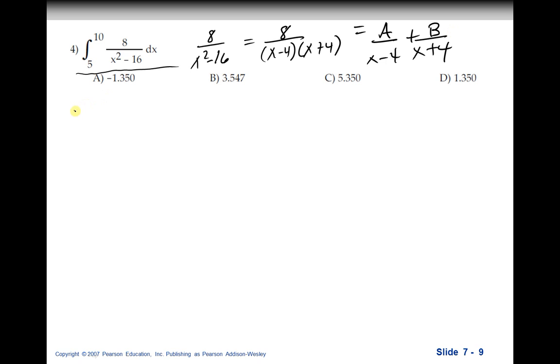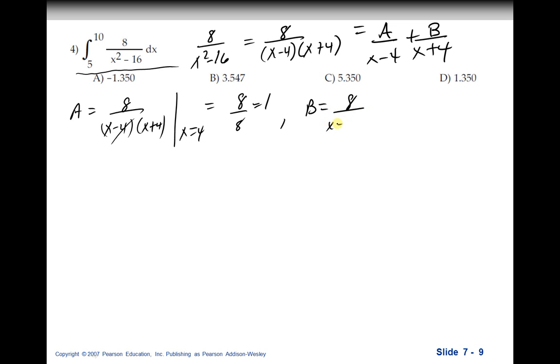And A can be calculated by covering up (x - 4) and evaluating 8 over (x + 4) at x equals 4, which is 8 over 8 equals 1. Similarly, B is equal to 8 over (x - 4), cover up the (x + 4), and evaluate it at x equal minus 4, and you get 8 over minus 8 equal minus 1.